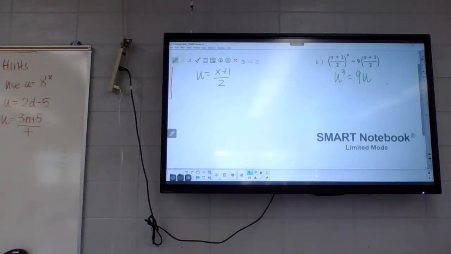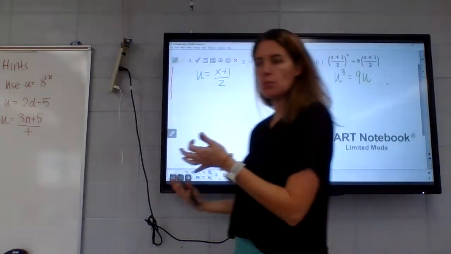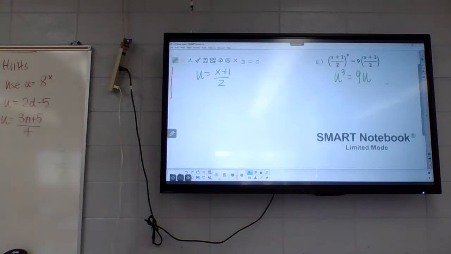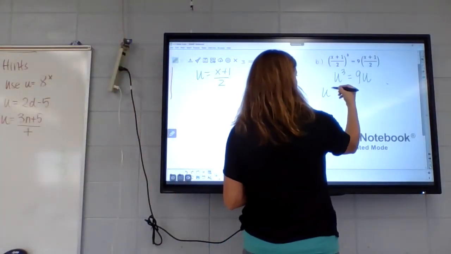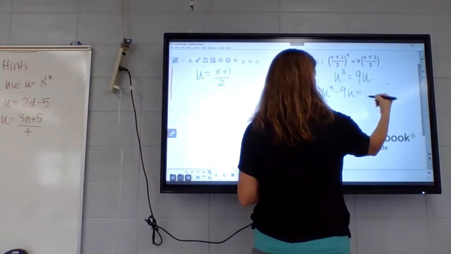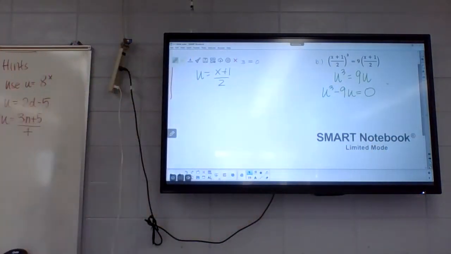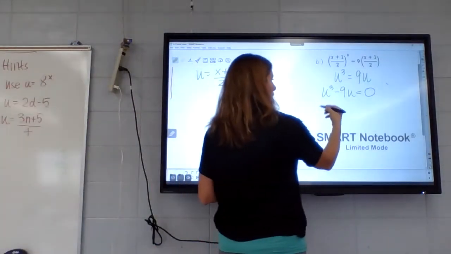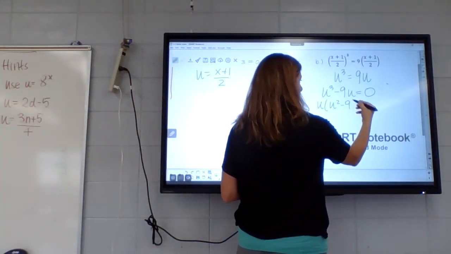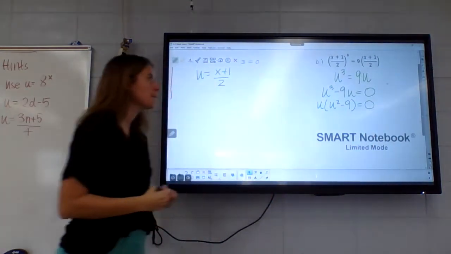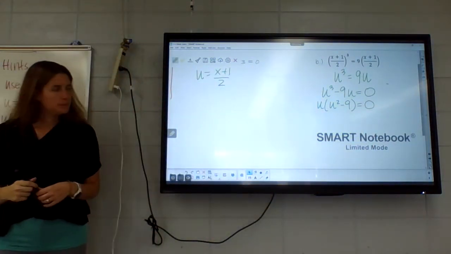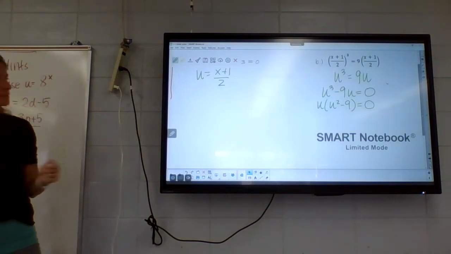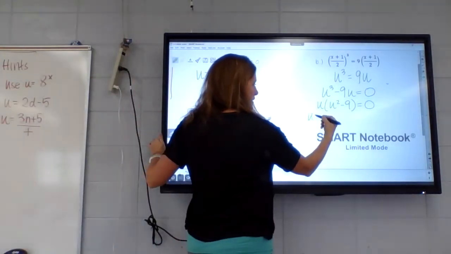So I then put U in place of anywhere that x plus 1 over 2 shows up. Now if we want to solve by factoring, we need it to equal 0, so I'm going to move that over. And again, we're going to take out a U. And then I have 2 equations we can set up.